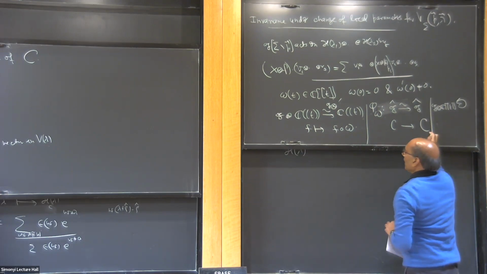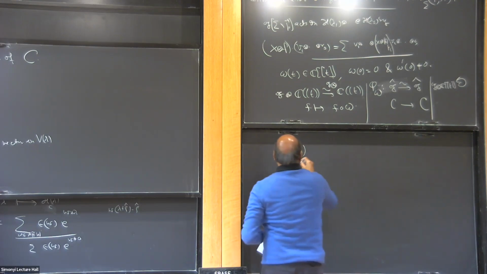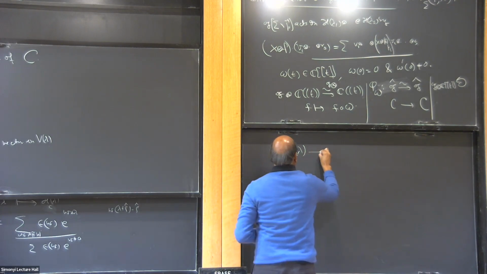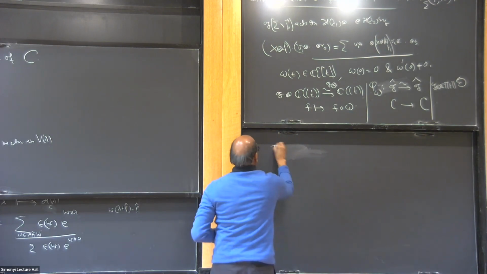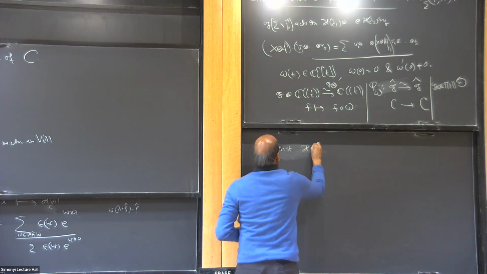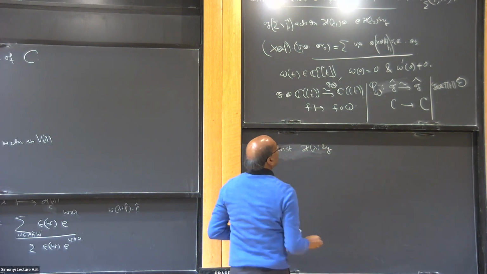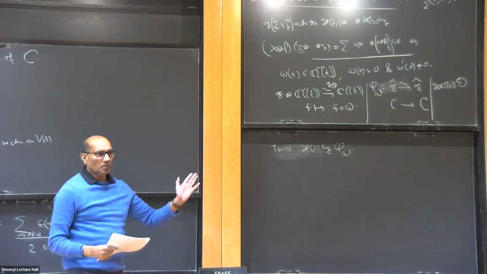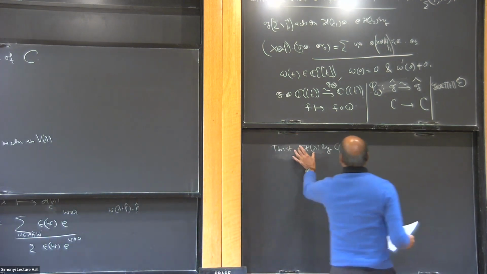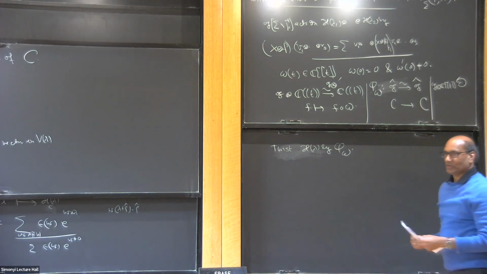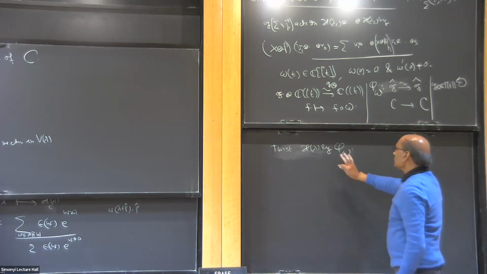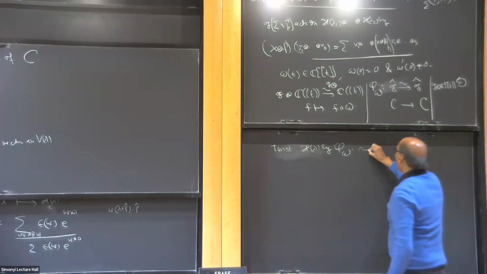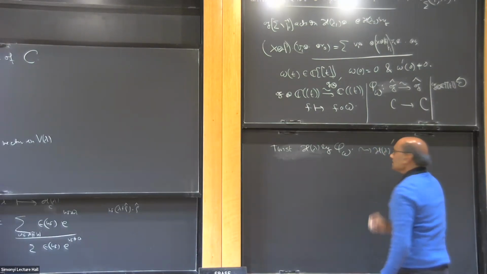So we twist H lambda by phi omega. Phi omega is a Lie algebra automorphism, so I'm just going to twist this H lambda by phi omega. And just to distinguish, I will call this H lambda twisted by phi omega, H lambda prime.